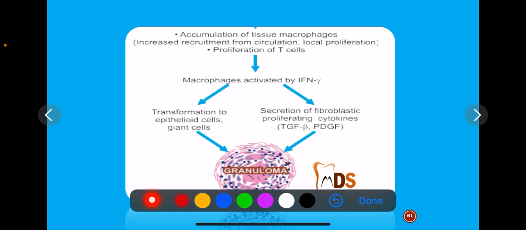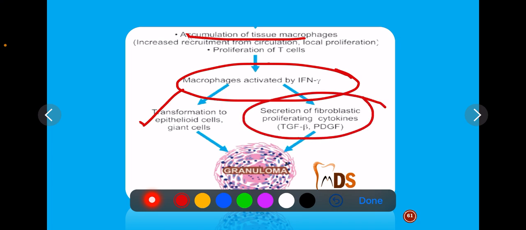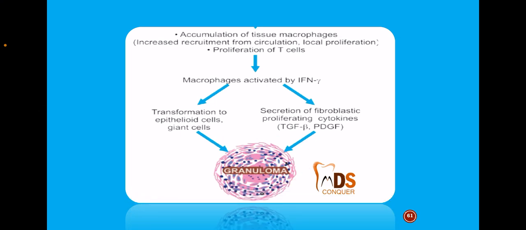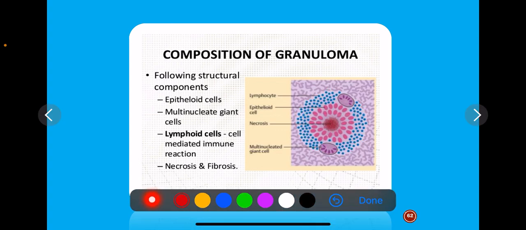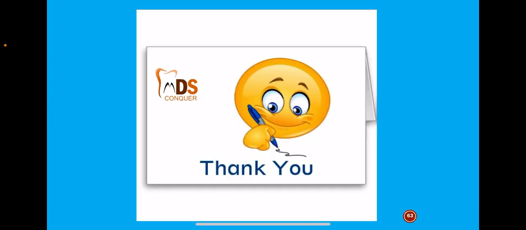Finally, accumulation of the tissue macrophages that are again activated by the interferons and transformed to epithelioid cells and giant cells, and there will be secretion of fibroblast proliferating cytokines. So this is a granuloma. The series of events is quite important. Okay, so composition: epithelioid cells, multinucleated giant cells, lymphoid cells, necrosis and fibrosis, quite important again.